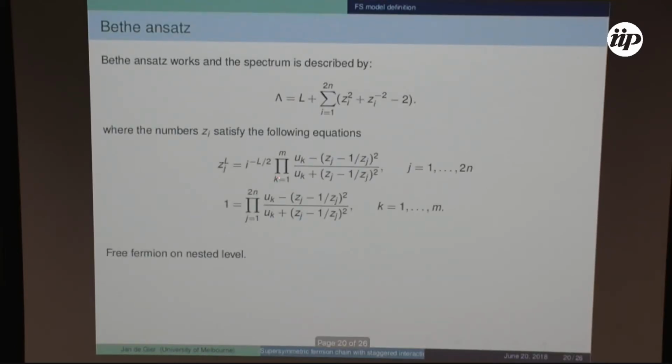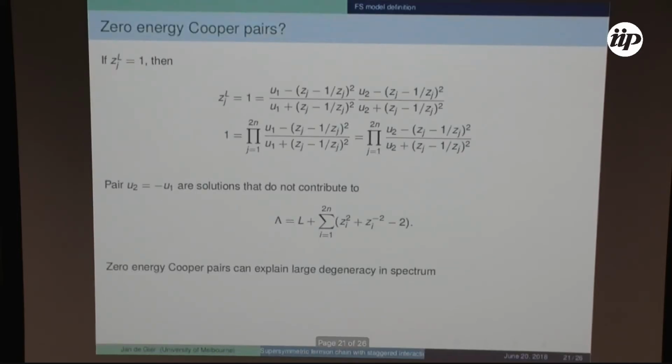Let's go back. So z to the L is this product over the u's. Let's take m equal to 2, so I have only two factors in this product. But if u1 and u2 are each other's negative, then those two factors are each other's inverse, so they cancel each other. And that's what's written here. And you find that z to the L is equal to 1, and these two factors cancel each other if u2 is negative u1. And the same for the second set of Bethe equations.